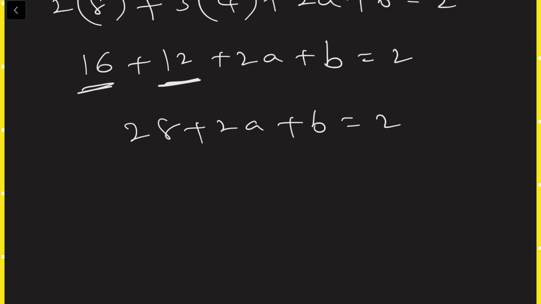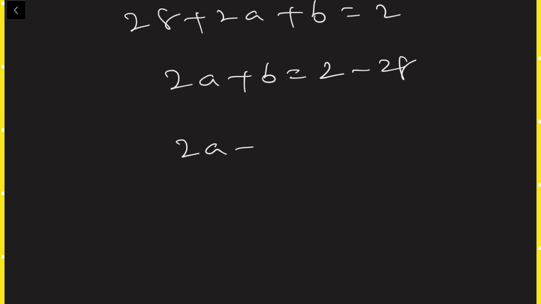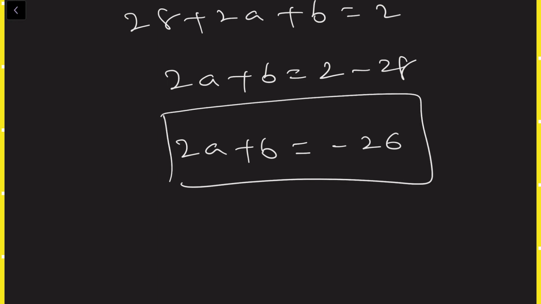This 28, if we take to the other side, we remain with 2a plus b equals 2 minus 28. Then we get 2a plus b equals 2 minus 28, which is minus 26. This is equation number 1.